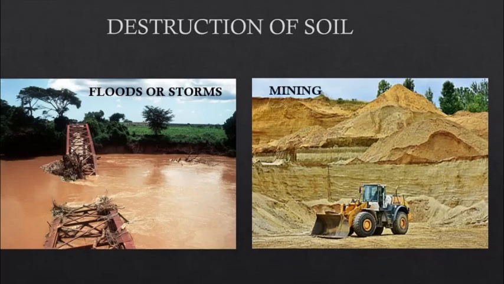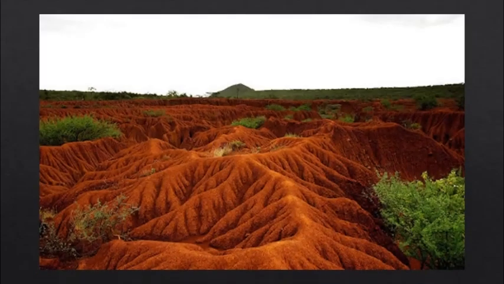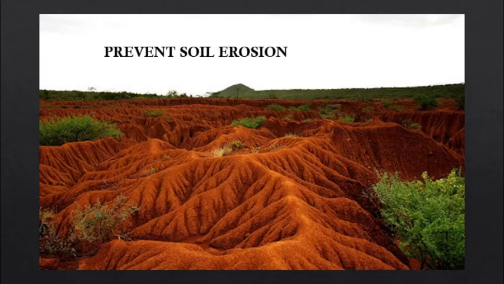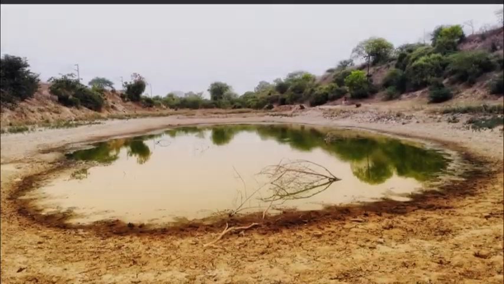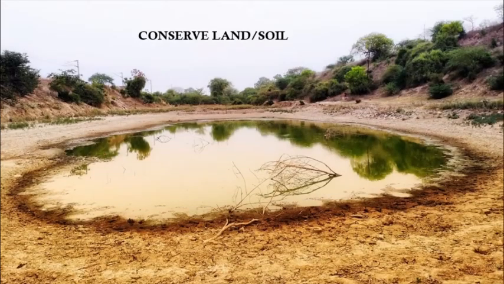That is why, children, it is very important and necessary to conserve soil and prevent soil erosion. Now, what is soil erosion? Soil erosion is the flowing away of the soil due to any reason like flood or heavy winds. So, we must always remember to conserve our land and soil.